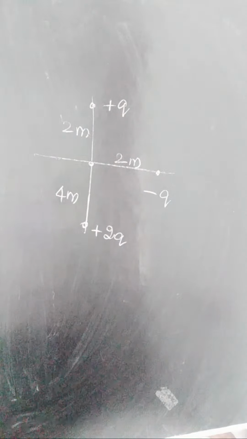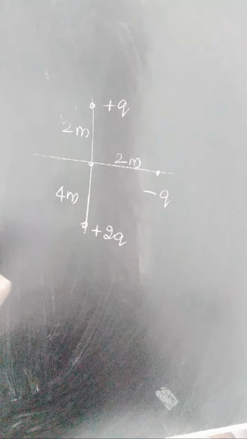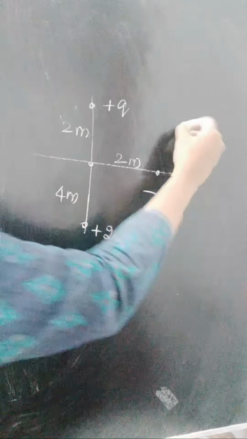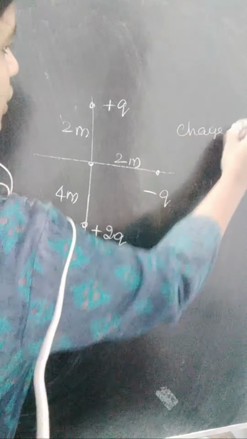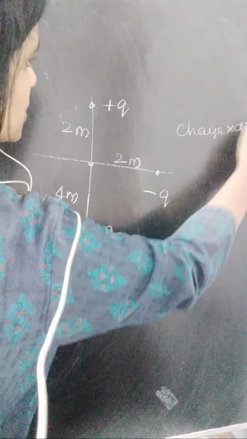Dipole moment they are asking. Then what we have to say? Dipole moment means charge into distance. Yes, very good. Only thing is we have to remember the formula, what I told you: charge into distance.